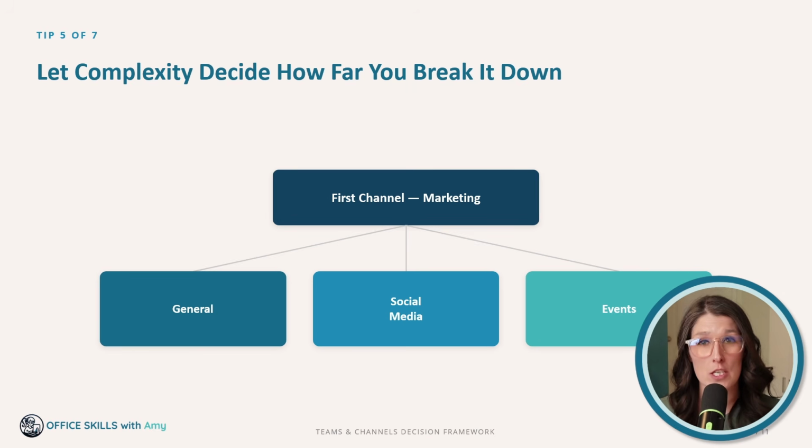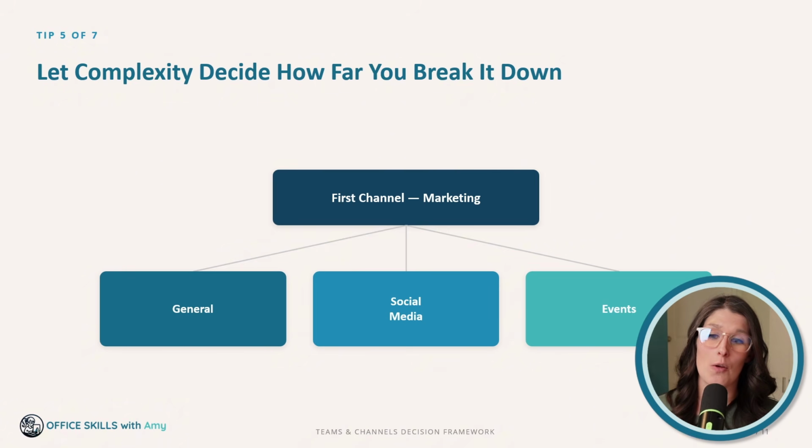And then as your initiatives grow or as your team starts to evolve, then we can start to add additional channels. Now, on the other hand, if we had a bigger marketing department and we had a lot of solid sub initiatives within that department that have a lot of collaboration happening in them, a lot of documents are being shared, then it would make sense for us to break down that Microsoft team and add additional channels.